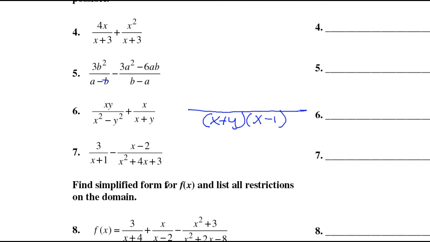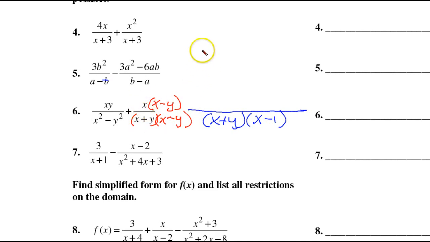But this one, to make it that, we have to FOIL it by the x minus y. Then we have to do our top then, x minus y. See, this is our 1 that we're multiplying this fraction by to make it an equivalent fraction.